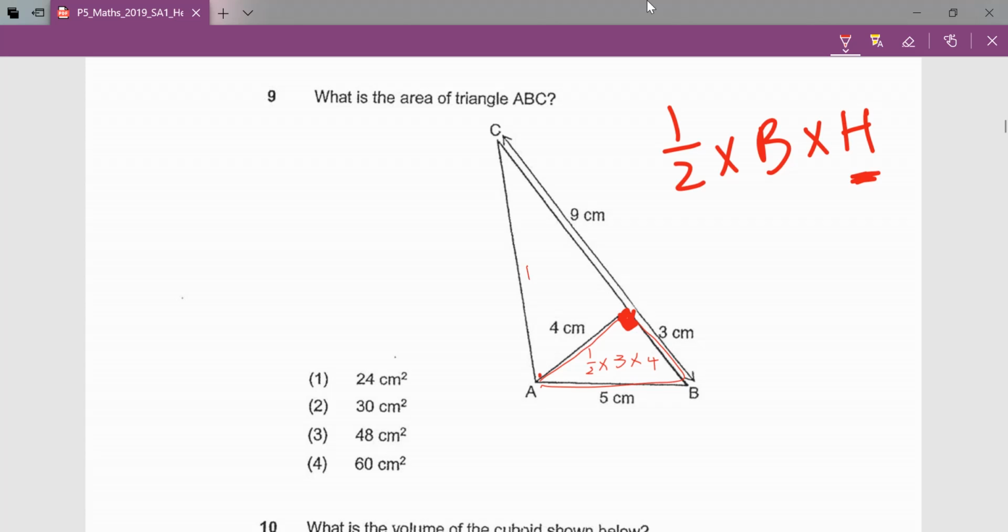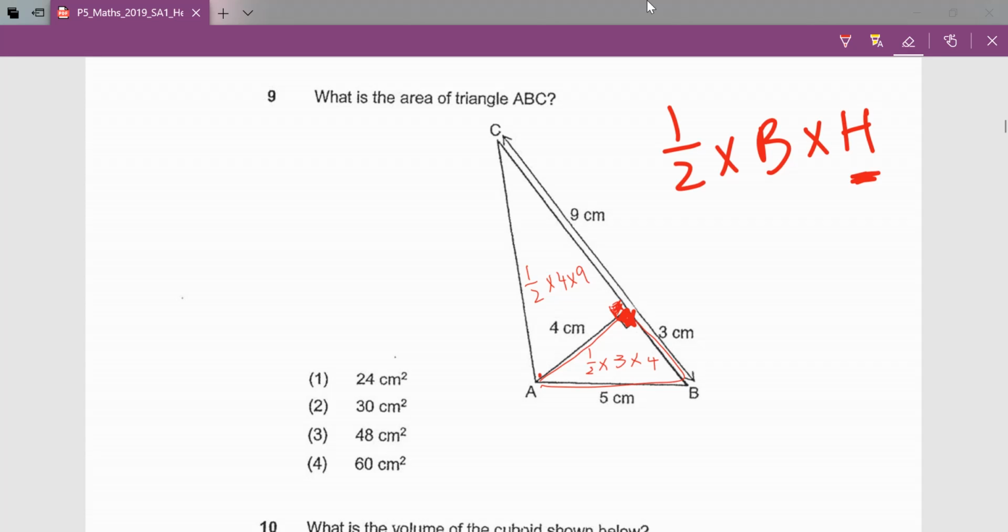Okay, let's continue. This one will be half times the base, which is 4, times the height, which is 9. Again, it's perpendicular here as well. Why is it perpendicular here as well? Because this side, as I already told you, is perpendicular. This side is a 90 degree. And this whole thing is a triangle, which means this is a straight line as well.